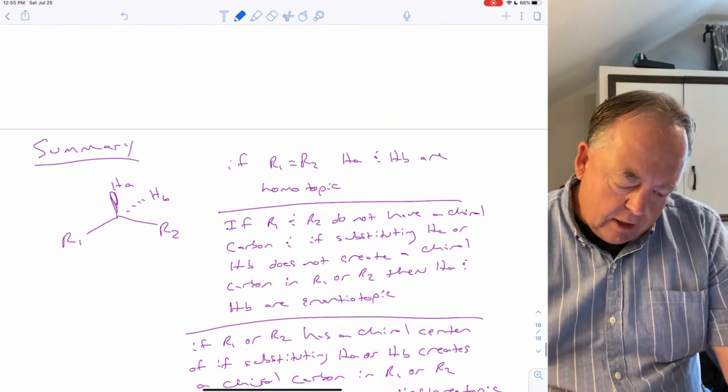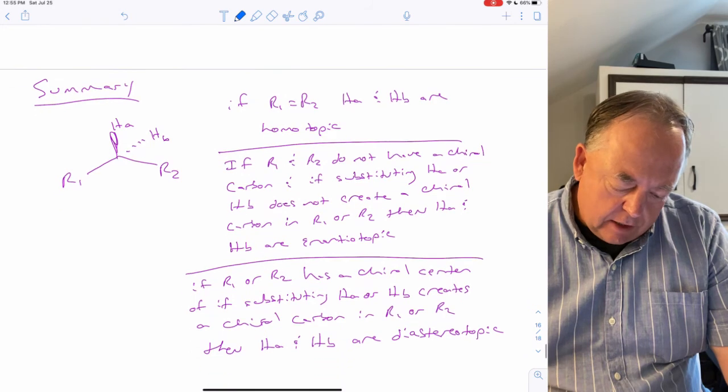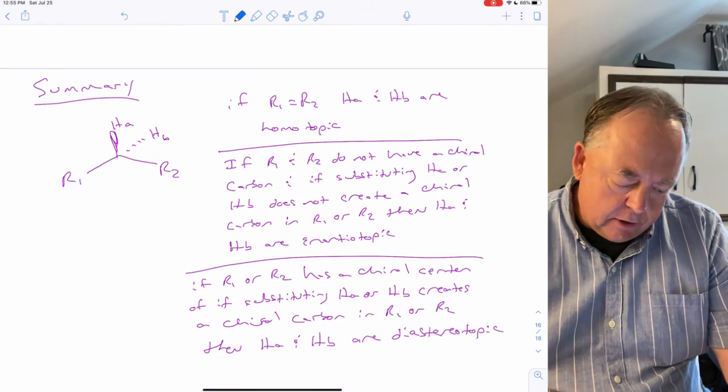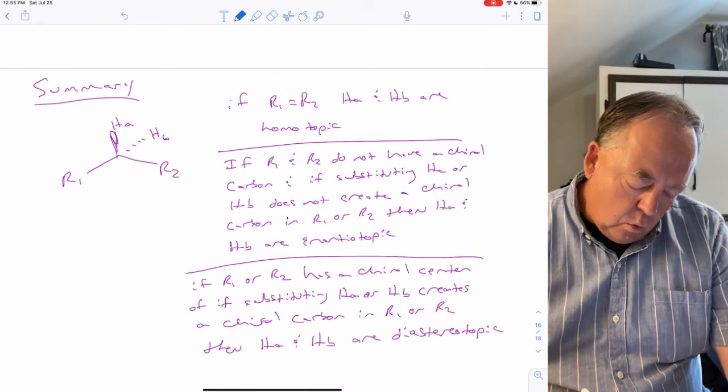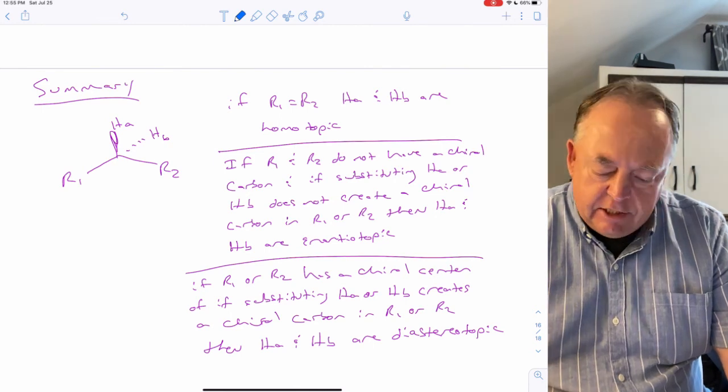Okay, just to summarize that in terms of picking out homotopic, enantiotopic and diastereotopic hydrogens. If R1 and R2 are the same, then HA and HB are homotopic.